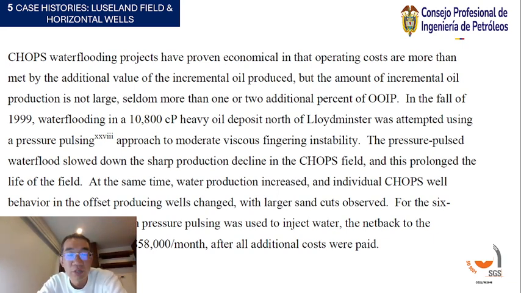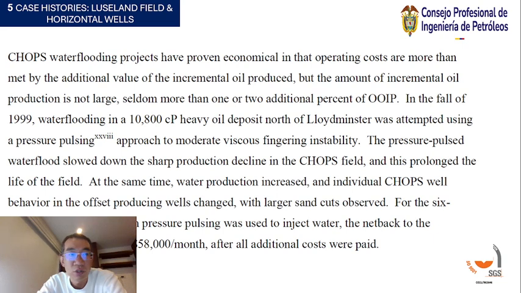CHOPS water flooding projects have proven economical in that operating costs are more than met by the additional value of the incremental oil produced, but the amount of the incremental oil production is not large, seldom more than 1 or 2 additional percent of OOIP.